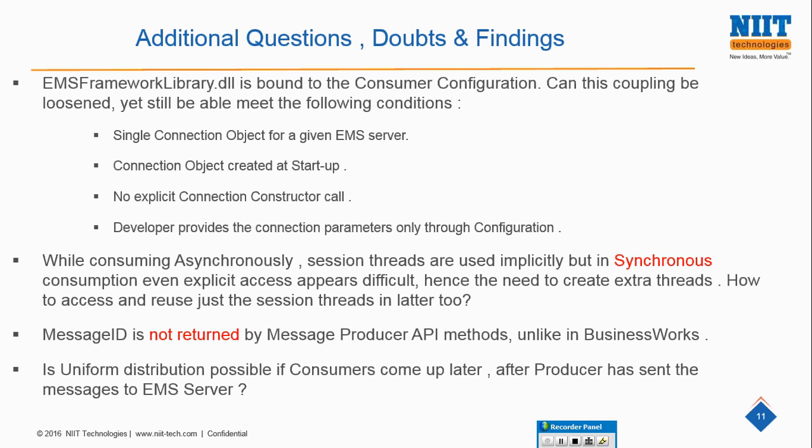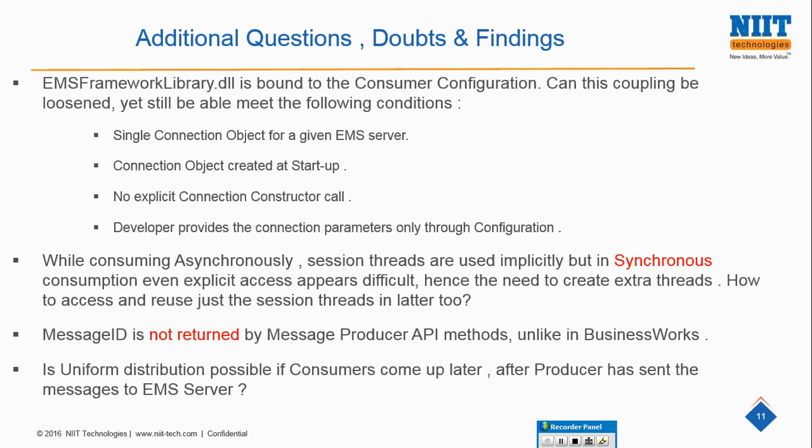So now if I have a producer sending about 10 messages and there is no consumer at the other end, those 10 messages are lying in the queue and I'm waiting for some consumer to come up and consume them. Now a consumer comes up which has about 4 or 5 sessions.